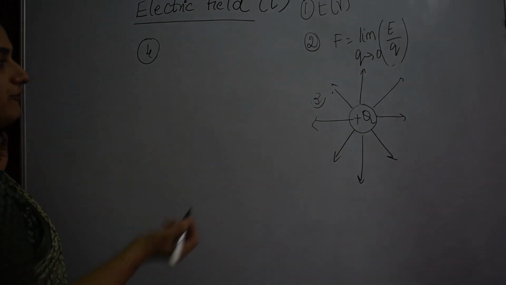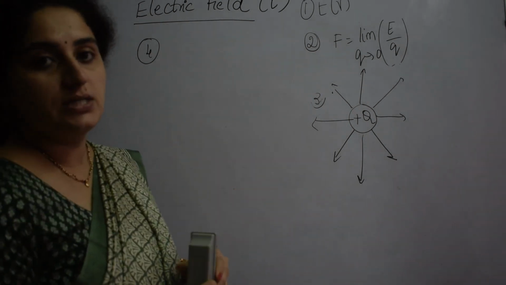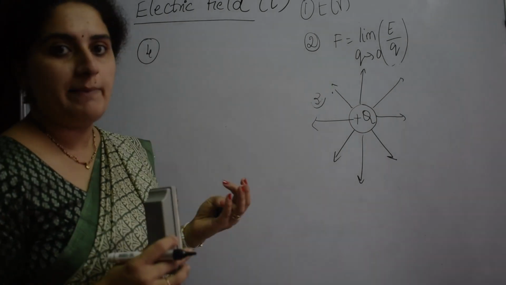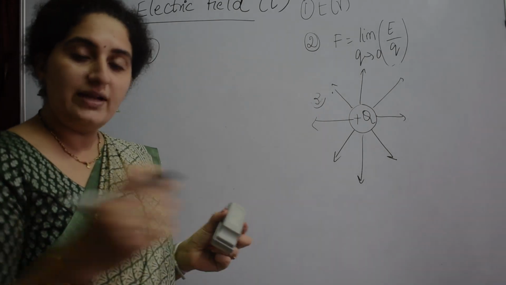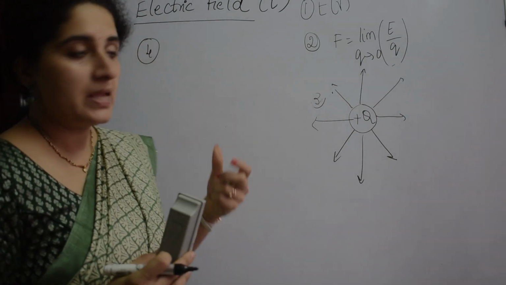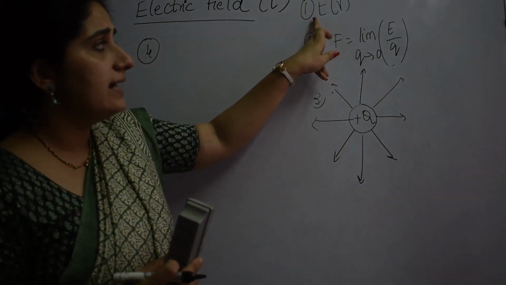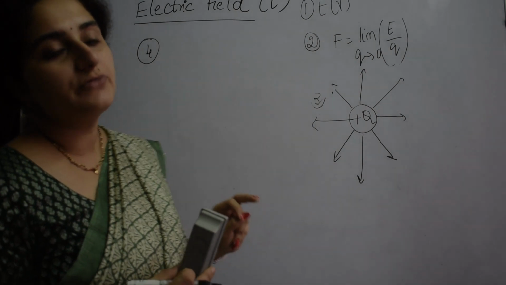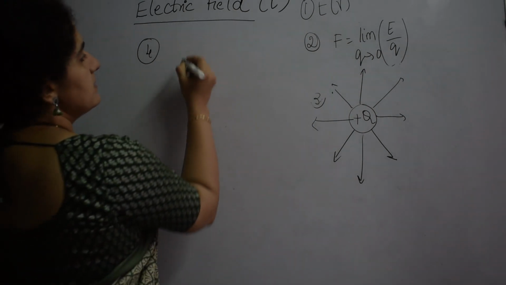But even if you keep on increasing plus Q or the amount of test charge, the electric field is independent, because as Q increases, or if you increase the distance, the F by Q will remain constant. So that means the electric field is independent of the test charges which you bring.